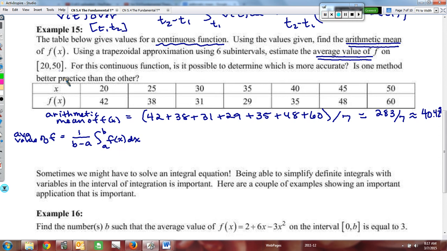And since we're going 20 to 50, this average value is going to be 1 over 30, your integral from 20 to 50 of my f of x dx. And so that's where the trapezoidal approximation is going to come in. I need to figure out what this definite integral is. And I can't find it exactly because I don't have a formula like we did above. So what I'm going to do is estimate this using the trapezoidal approximation.